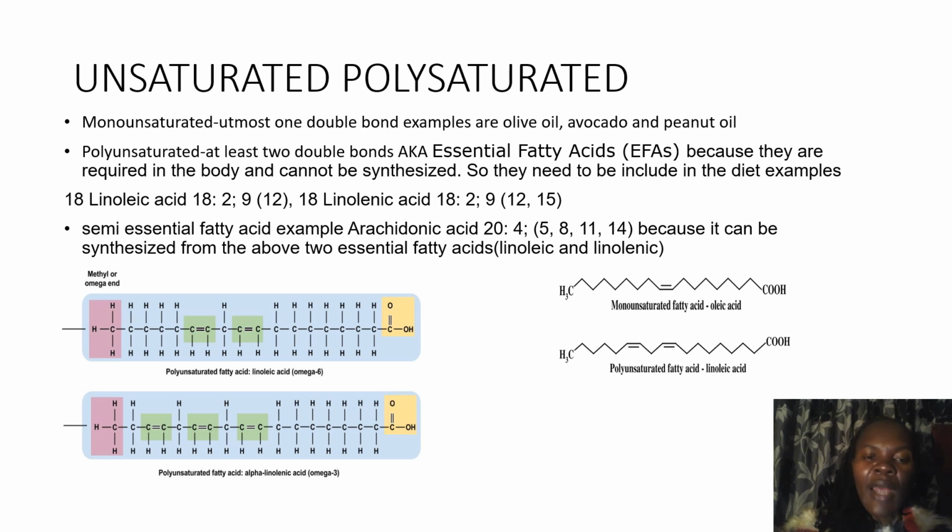Where you first come across the first double bond, if you look at your structure, it is the 6th carbon atom. Now, this one, the third carbon is where you can see the first double bond appearing. So it is known as omega-3.